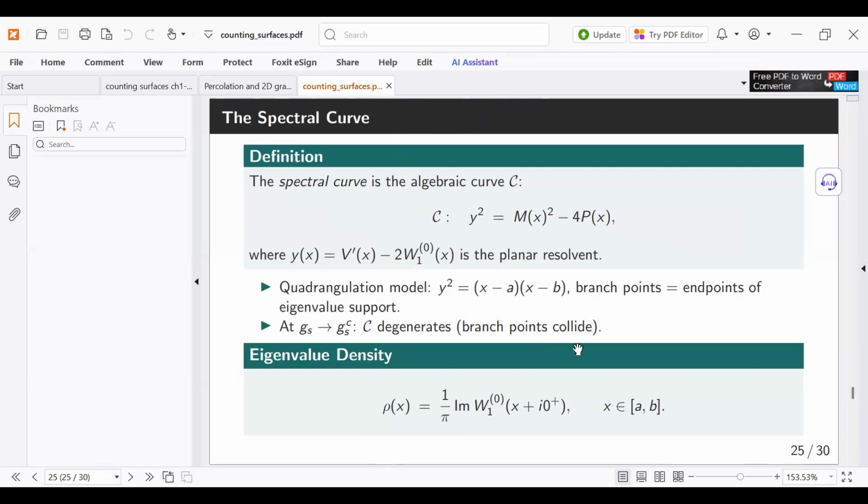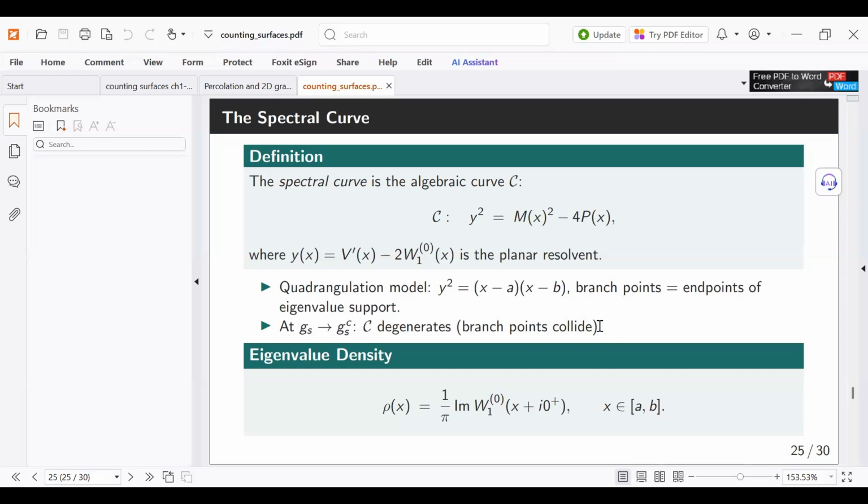Sorry, what's your question? How it relates to the Marchenko-Pastur law? I know it's derived from that eigenvalue density. From the definition of W1, it could be recovered from a matrix model.